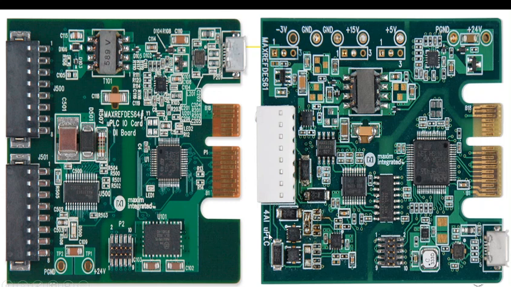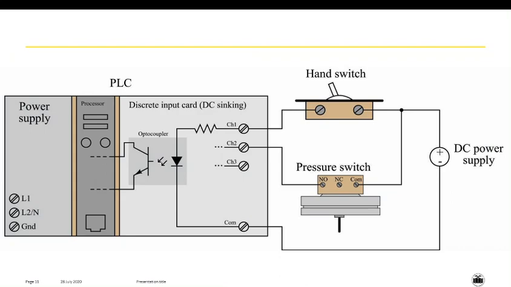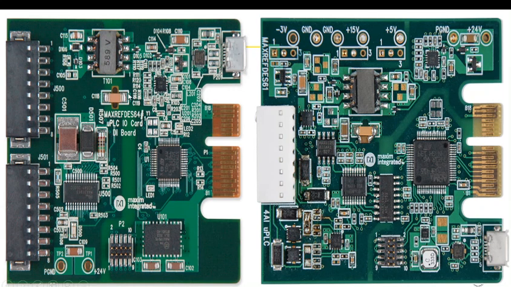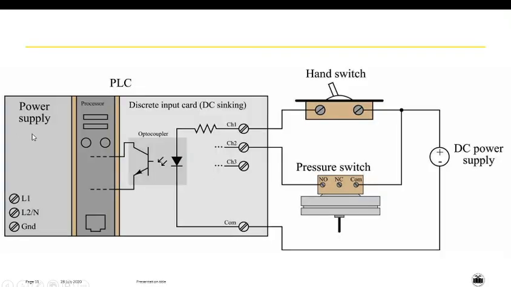Okay, so the input module, whether it could be discrete input module or analog input module, they look like this, and on the board, the circuit is actually, so the sensor, various sensor, hand switch, pressure switch, or any other kind of sensor is connected to this, which is actually an input card, discrete input card, and it is given to the input of the card.